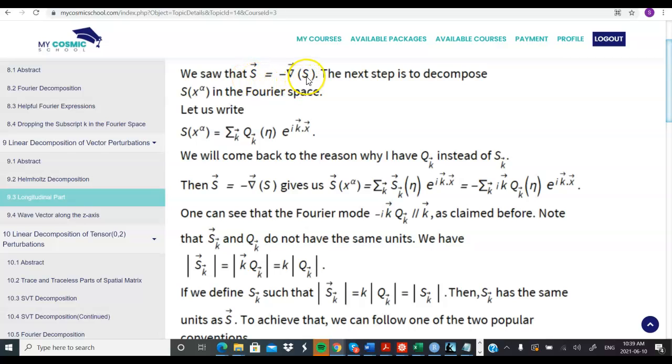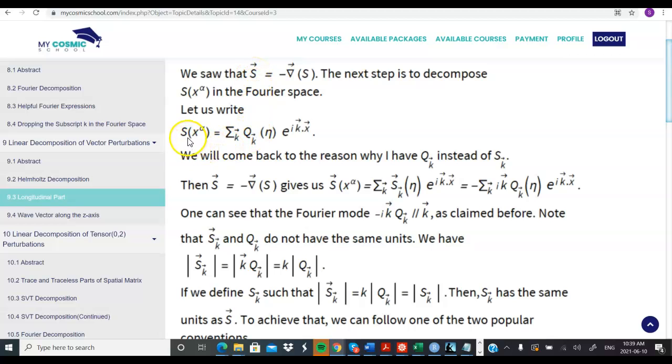So if I want to have the amplitude of Sk the same as vector s, then I have to wait and not write sk here, because writing sk here means sk, the Fourier component, does not have the same unit as vector s.